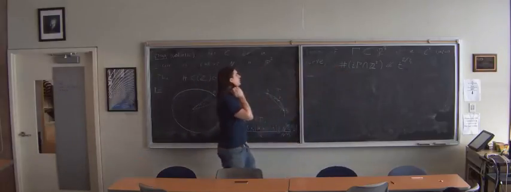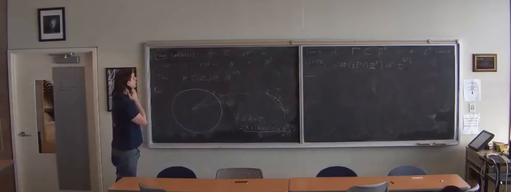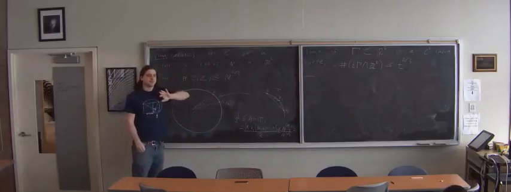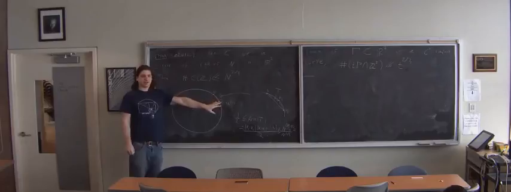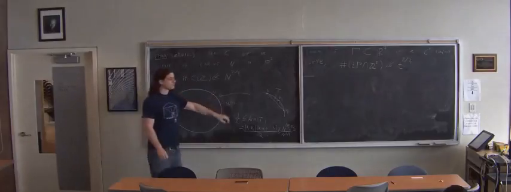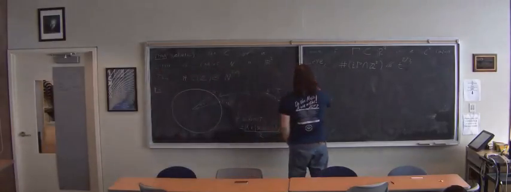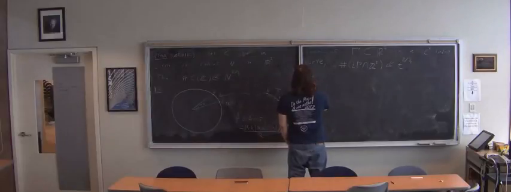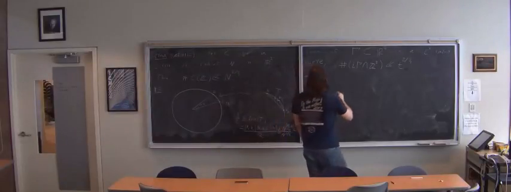And so Bombieri and Pila had the idea to apply the same argument, but not to triangles, to apply it to higher dimensional simplices. Okay, so the idea will be the following.